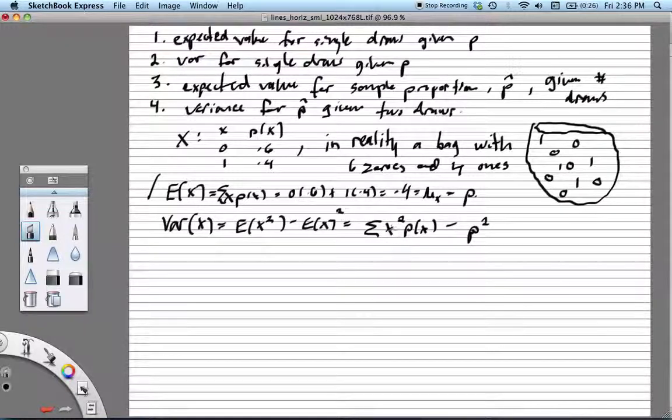Okay, getting on with this. This sum would just be 0 squared times 0.6 plus 1 squared times 0.4, which is just equal to 0.4.